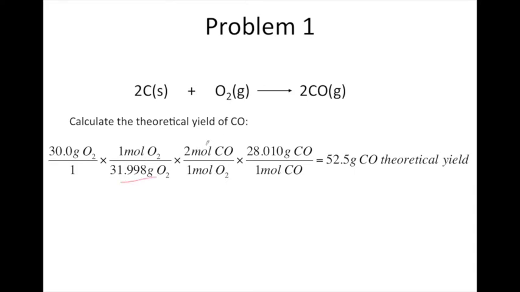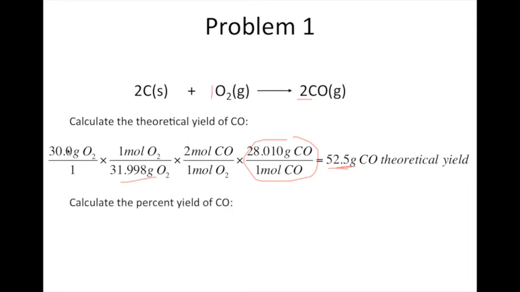Then we use our balanced chemical equation that tells us that for every 1 mole of oxygen, we can produce 2 moles of carbon monoxide. So that allows us to calculate moles of carbon monoxide. And then we can use the molar mass of carbon monoxide to convert moles into grams. And so 52.5 grams of carbon monoxide is our theoretical yield. That's the most that we can produce starting with 30 grams of oxygen.